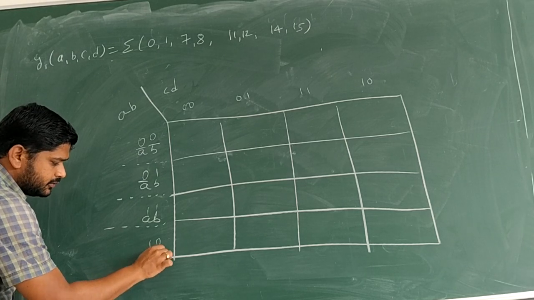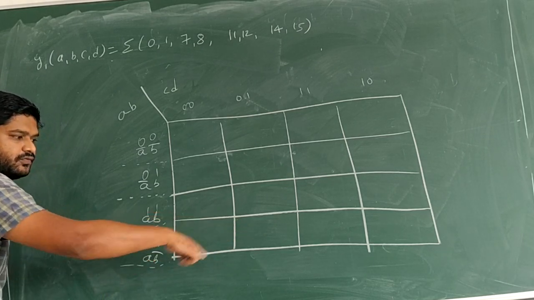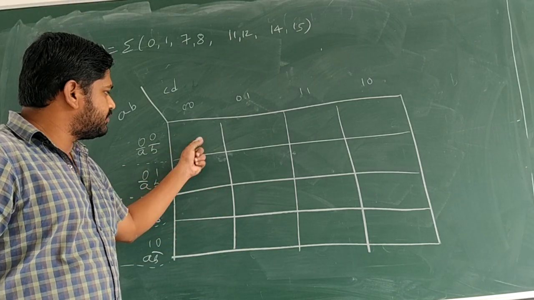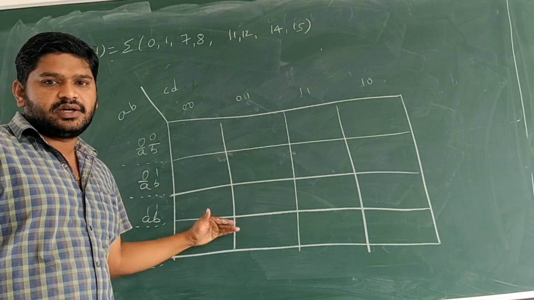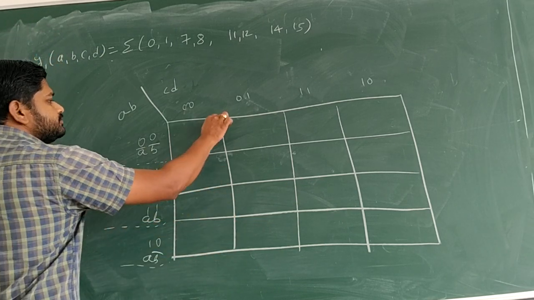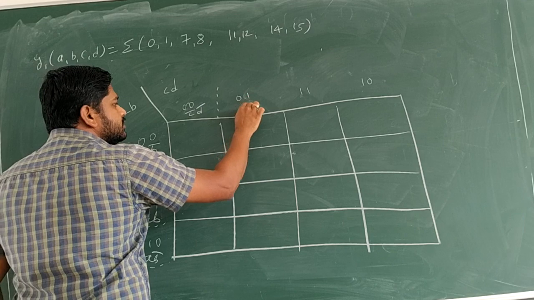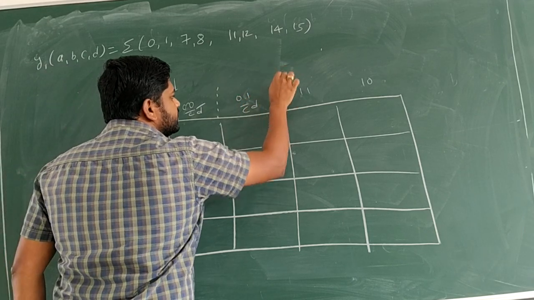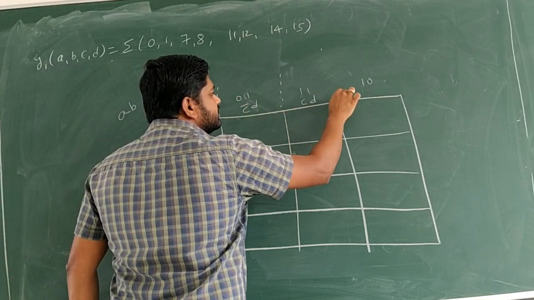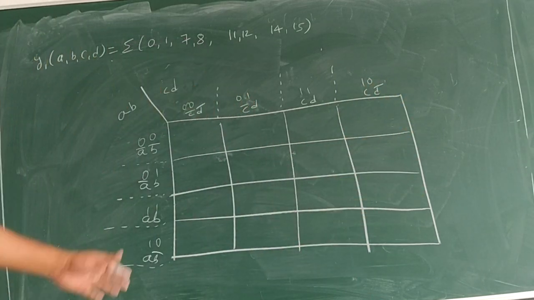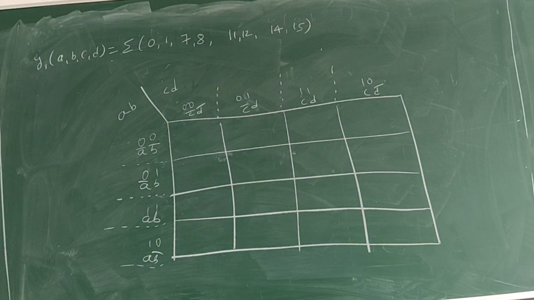A with B complement, that is the fourth row, complete. Just refer to the previous functions, what we wrote inside that. C complement D complement, C complement D, C D, C D complement. These are the column names, variable wise.